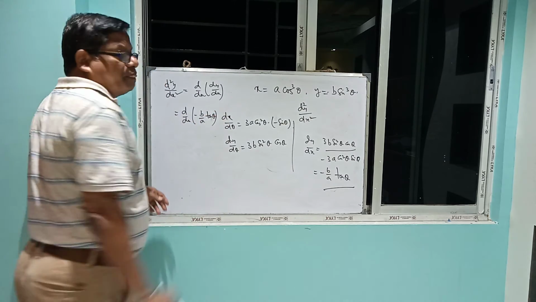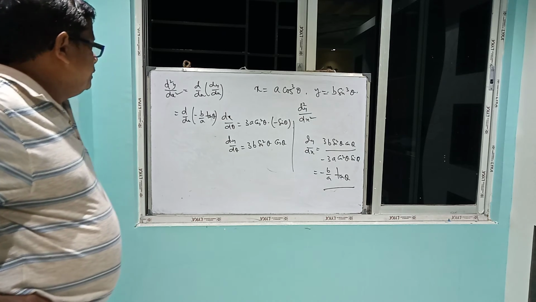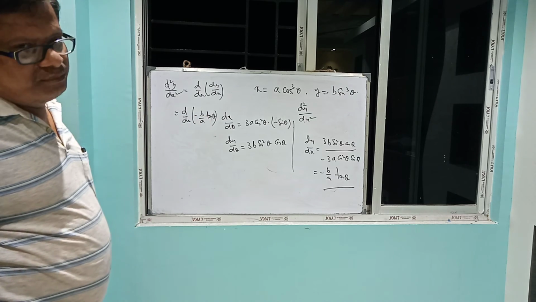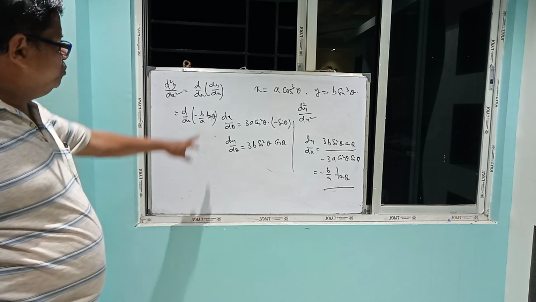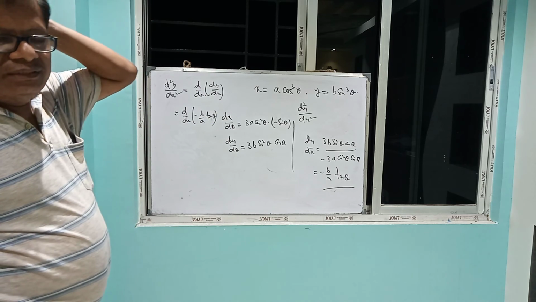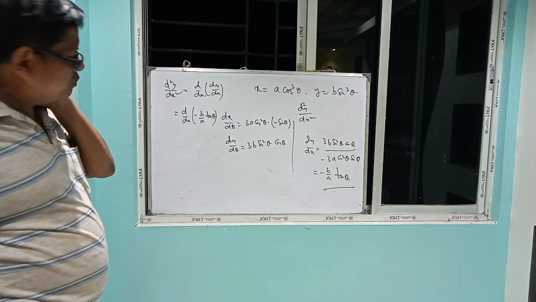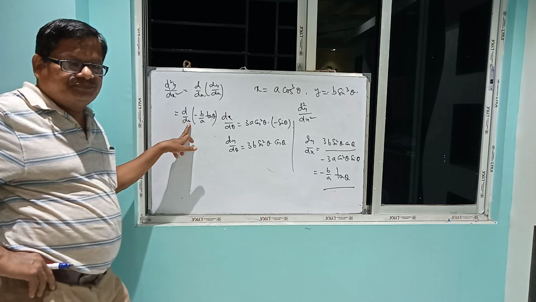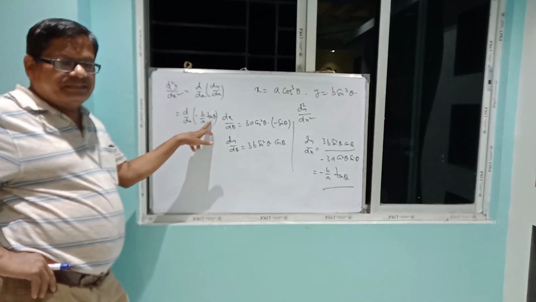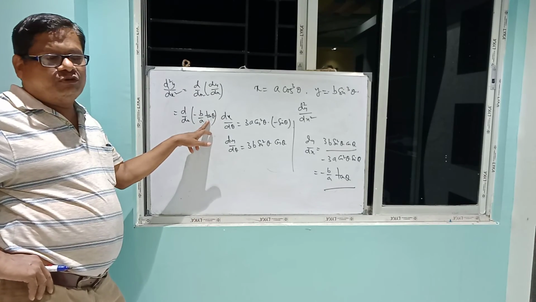Most of the students make mistakes here. They directly write sec square theta, which will be wrong, because here x is there and theta is the parameter. So first you convert to theta.